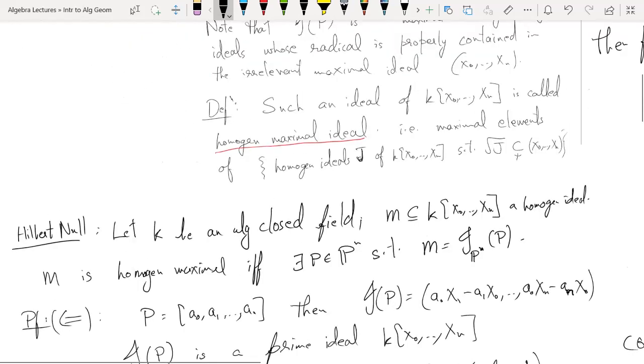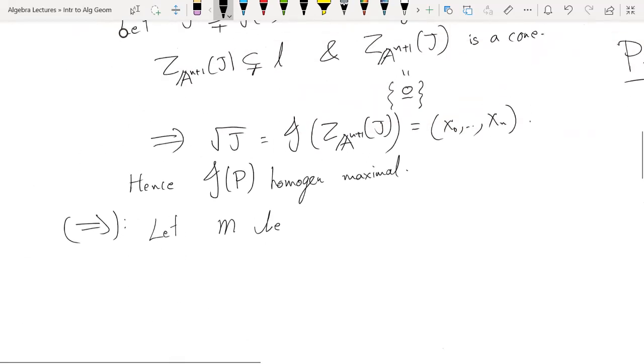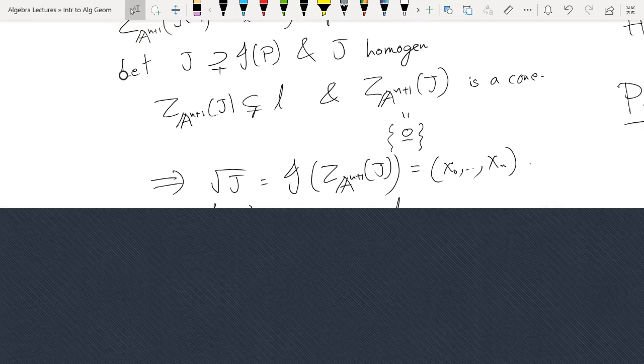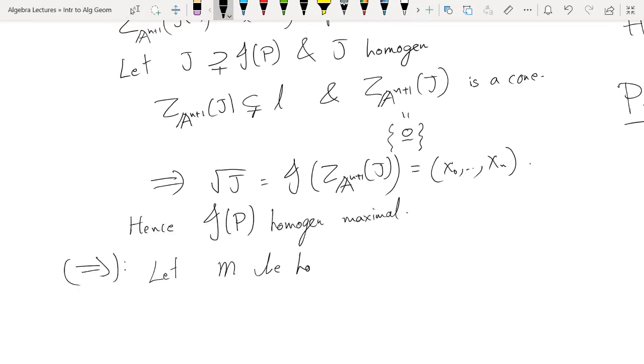Is it maximal homogeneous or homogeneous maximal? It's just homogeneous maximal, in K[x0, ..., xn]. We want to show that M is I of P for some P.